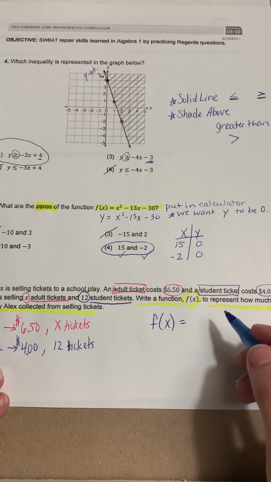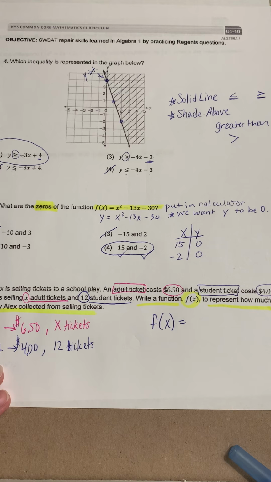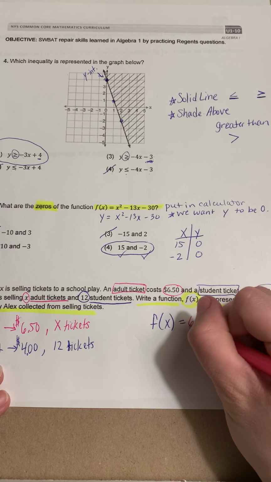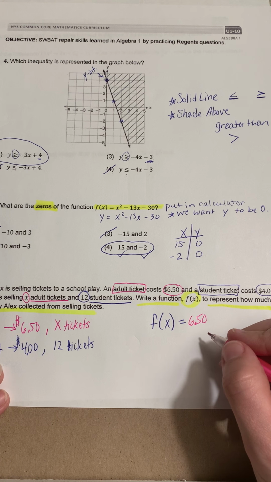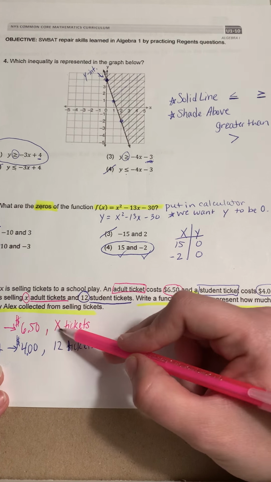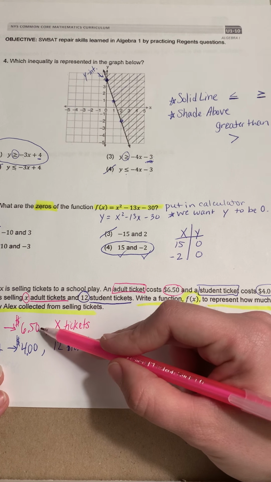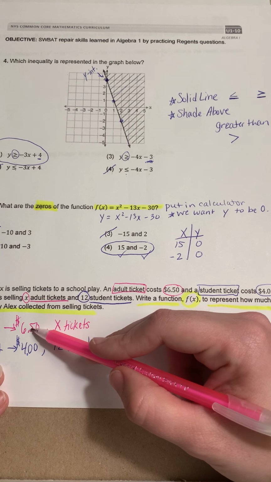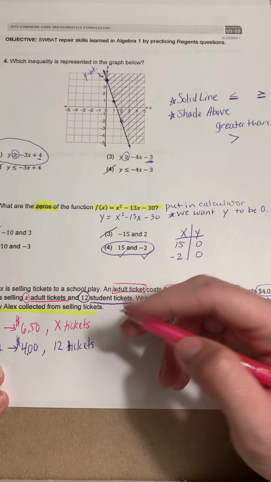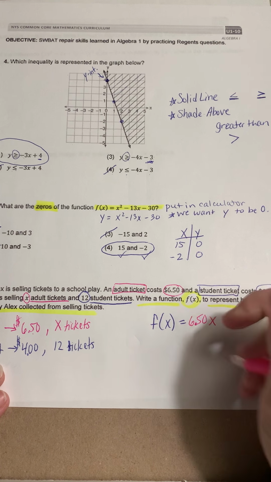Okay, so I have f of x equals $6.50. And now with these two, it didn't say that I was adding them together. I'm going to be multiplying them together. So $6.50 times x amount of tickets.